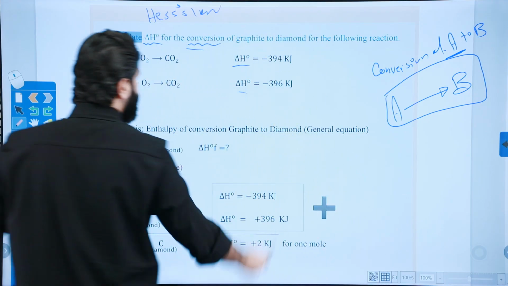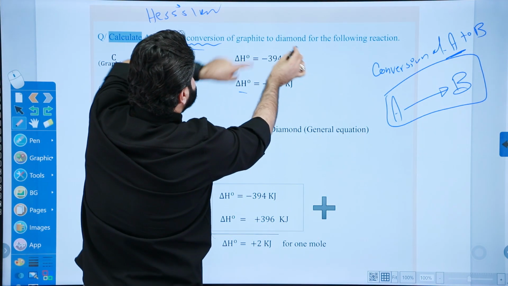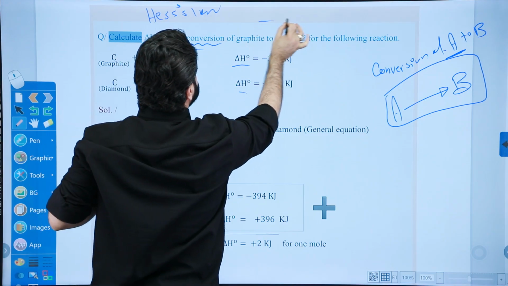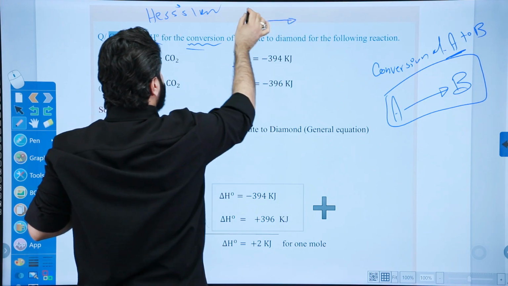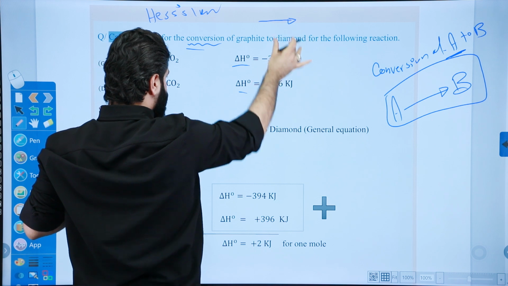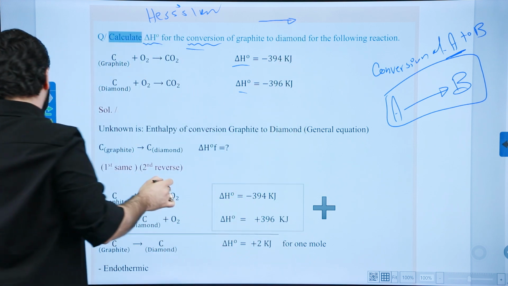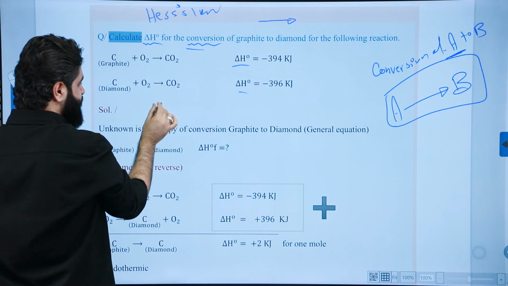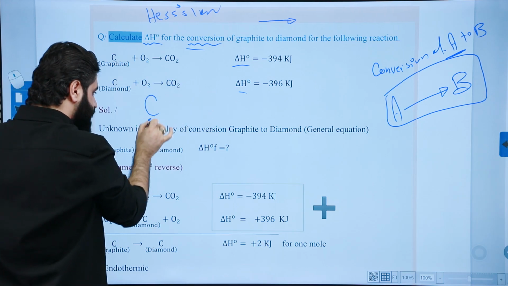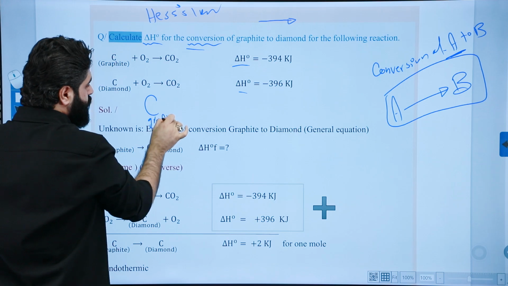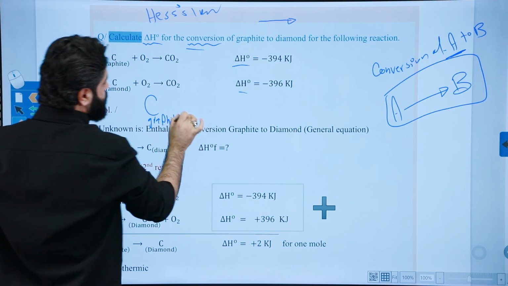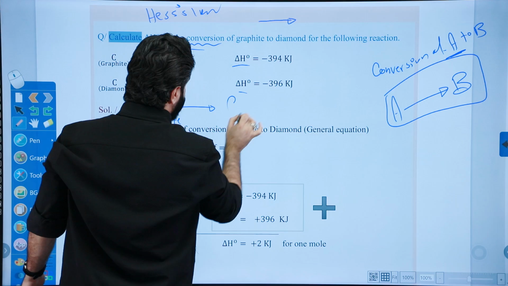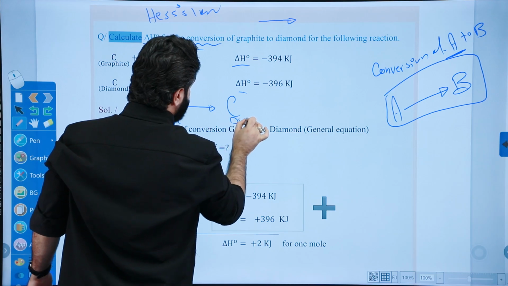First, the one that is converted to the other must be the reactant and the other must be the product. Look, conversion of graphite to diamond. So graphite is the reactant and diamond is the product. Since both are carbon atoms, I will write the overall reaction here easily: carbon graphite to carbon diamond.